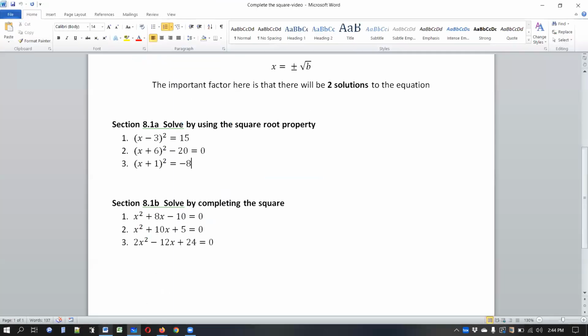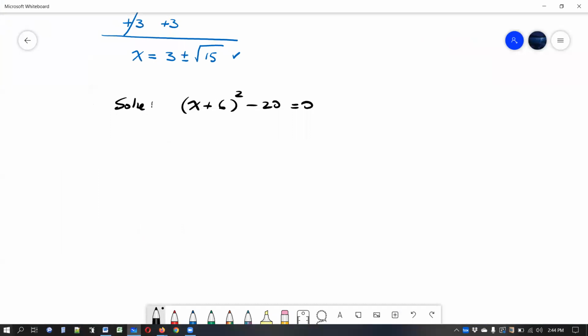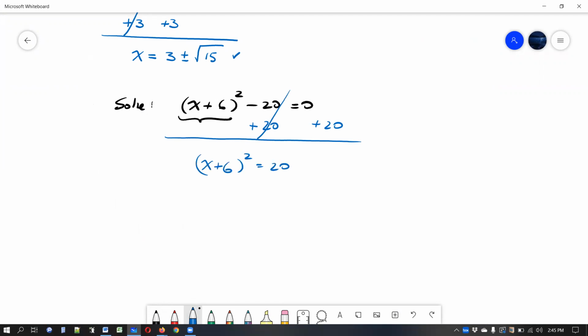And let's confirm that this is the problem. Yes. Okay. So first step, I need to isolate this factor. And I will do that by making sure that the 20 is on the other side. These will cancel. I am left with x plus 6 squared equals 20.